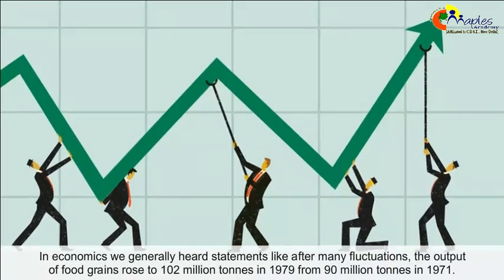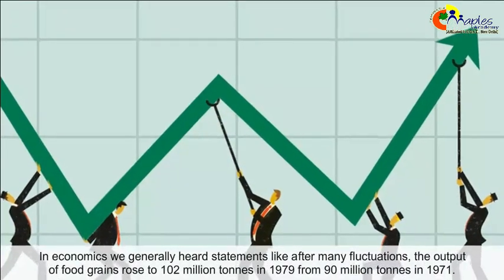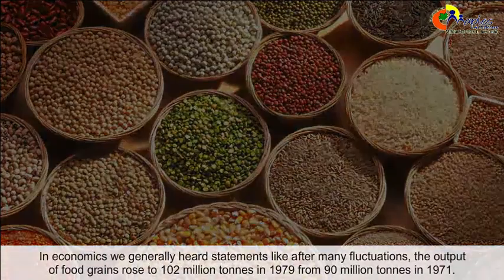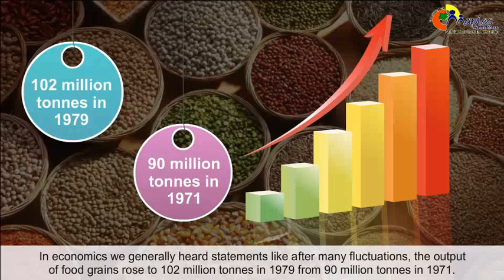In economics, we generally hear statements like, after many fluctuations, the output of food grains rose to 102 million tons in 1979 from 90 million tons in 1971.